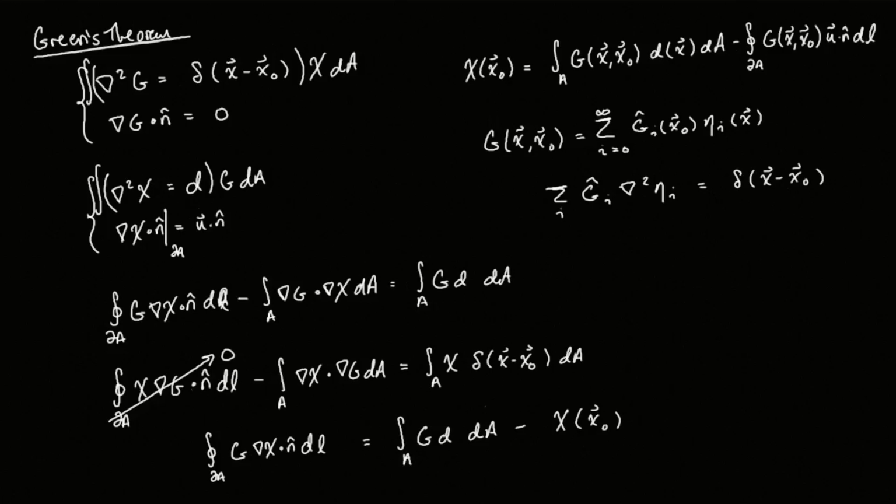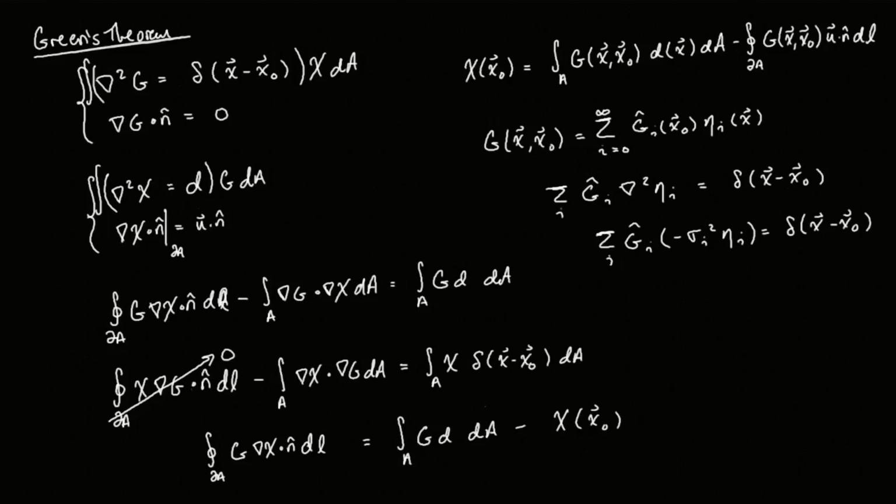Okay. Now remember, del squared eta i, we can just write as minus sigma i squared eta i. That's still equal to delta(x minus x naught).